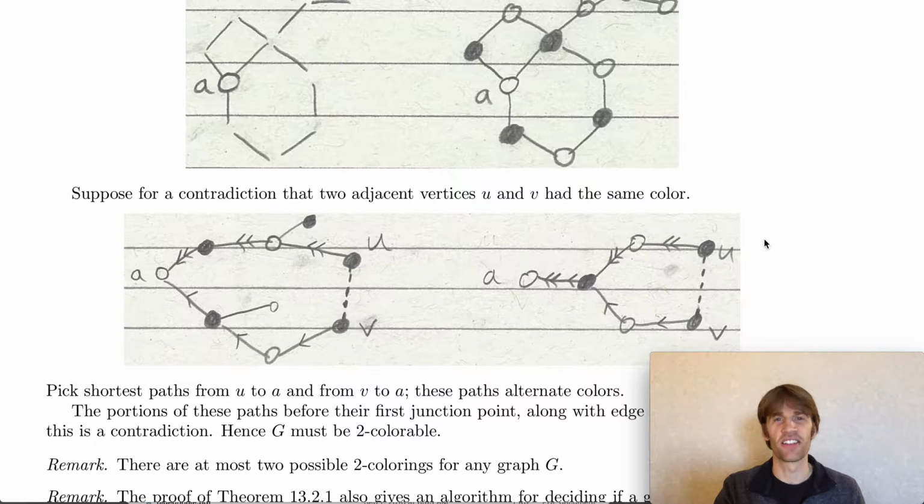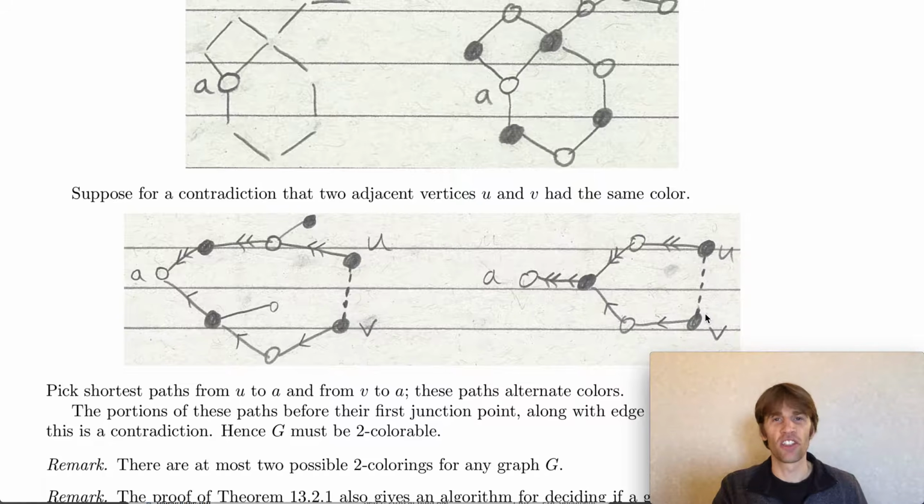The reason why it's a cycle of odd length is that the number of steps from u to that merge vertex is the same parity as the number of steps from v to that merge vertex. In either case, it's both an even or an odd number of steps. So as I go from u to the merge vertex all the way back to v, I've necessarily traversed an even number of steps. And then I add in one more edge into the cycle to get a cycle of odd length.